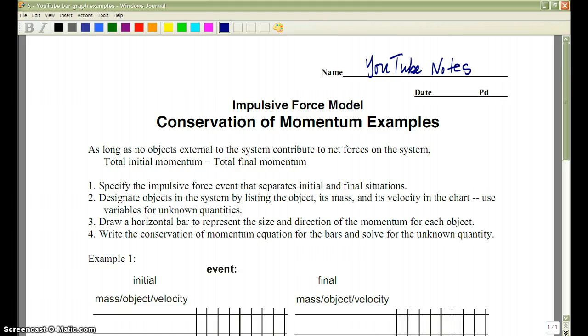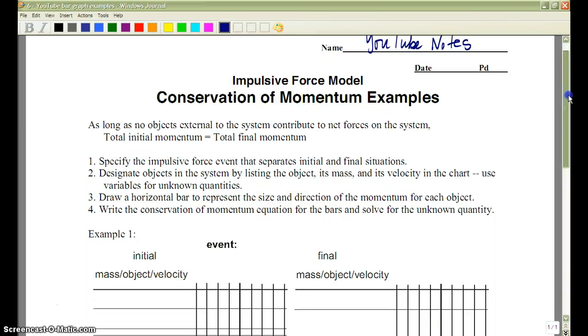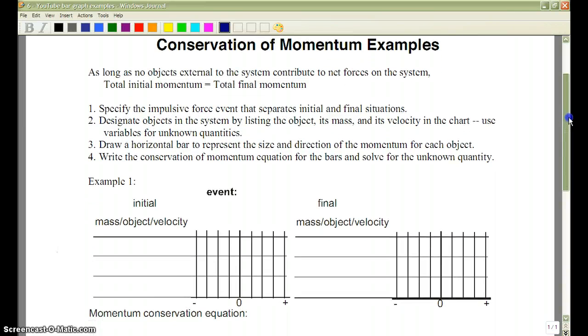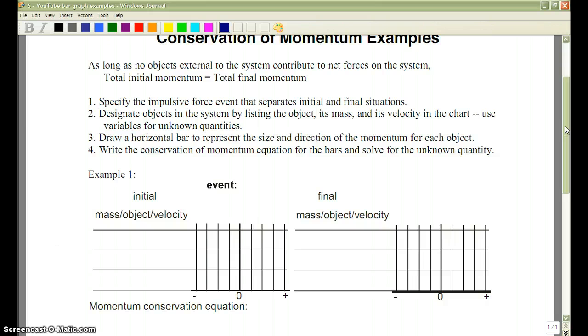All right, so now the video is gone. We're going to look at this worksheet so that we can see how to do these problems. First of all, it tells us that anytime we have a system with forces acting on it, our total initial momentum is going to equal our total final momentum.